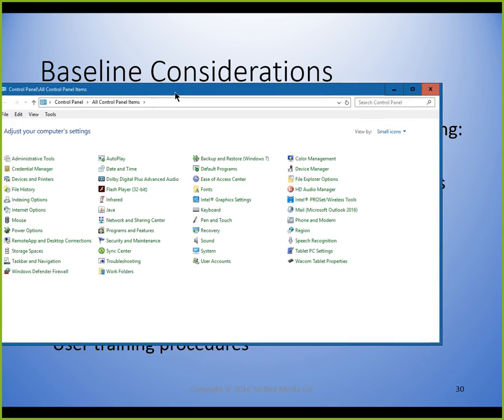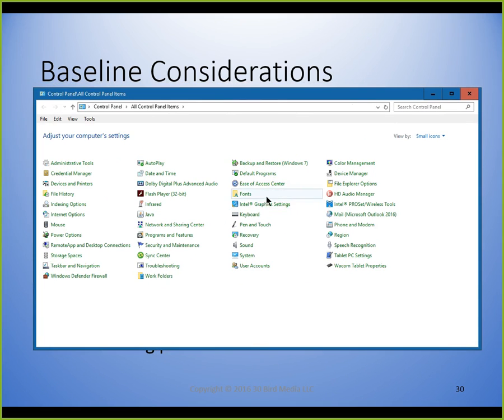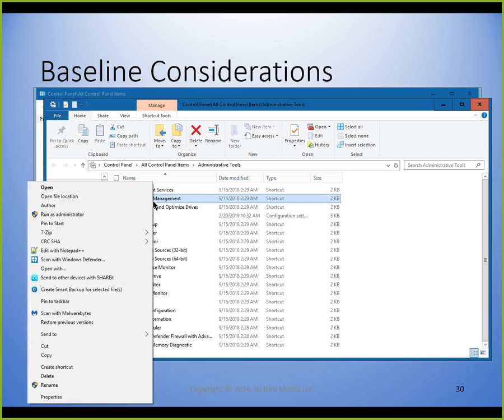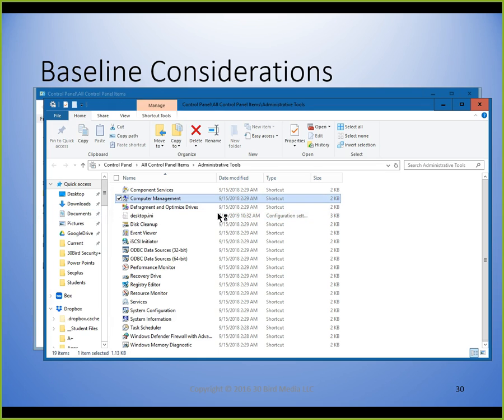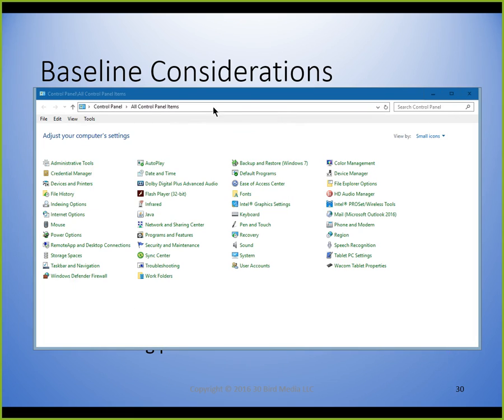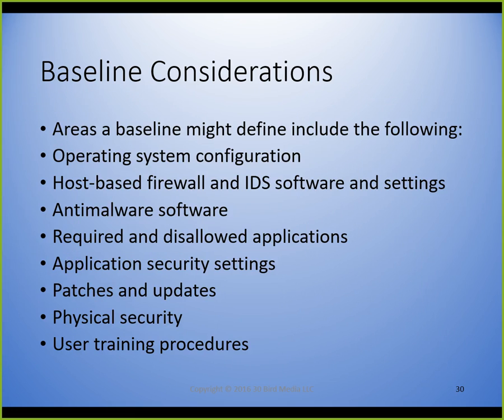But if you're running as an ordinary user and you need to run something, you should be able to right click on it and run it as the administrator. And now you have administrative authority with that application, and you don't have to be logged on as the administrator.